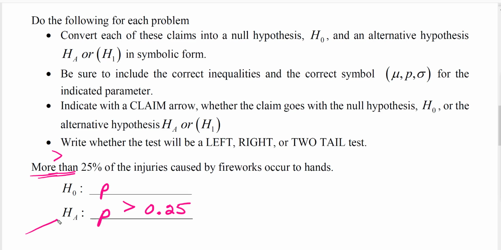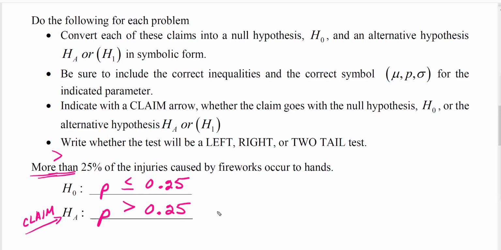So that means our claim goes with our alternative hypothesis. To get our null hypothesis, remember it's going to be the opposite of greater than, so this will be less than or equal to, and we're going to then state 0.25. So now we got to determine whether it's a left tail, right tail, or two-tailed.